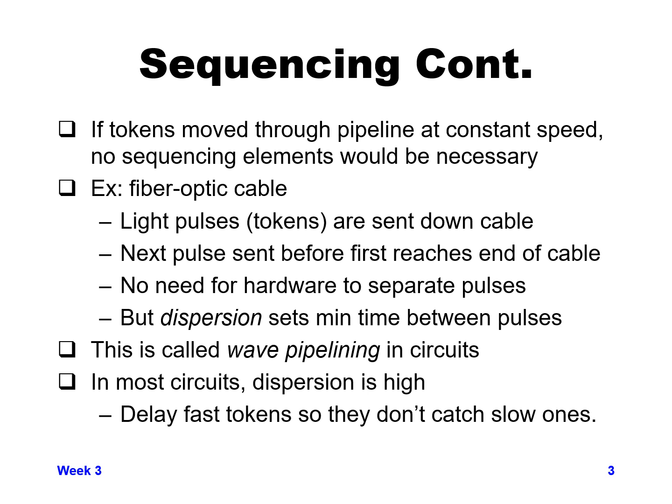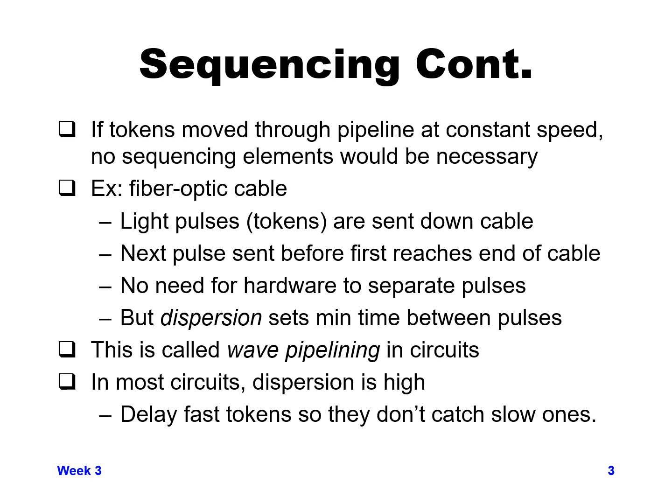Continuing our discussion on sequencing, if tokens move through our pipeline at constant speed, we might not actually need sequencing elements. Just as an example, if you have a fiber optic cable, you can send light pulses as your tokens down the cable, and since light travels at a relatively constant speed through fiber optic cables, you can know when you could send the next pulse as long as you send it at constant intervals and the receiver knows what that interval is.